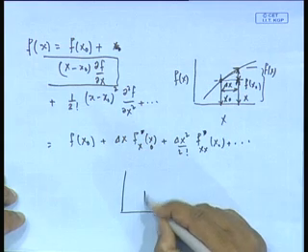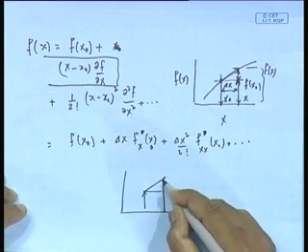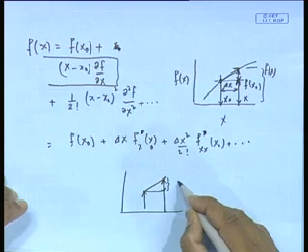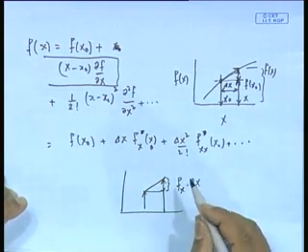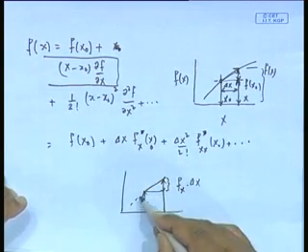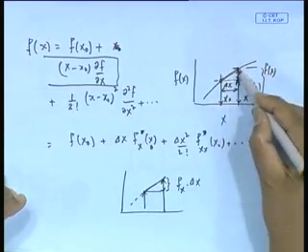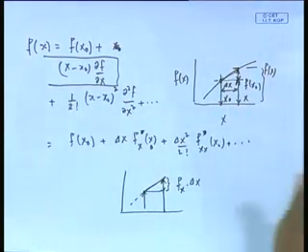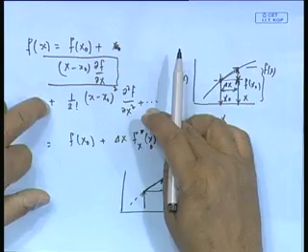Very simple: value here plus slope into the distance gives you this. This part is f prime x into delta x. That is what is called linear approximation, which essentially tells you that the graph has been assumed to be a straight line between the two. Obviously that is a first approximation. If you want to go to the next level, then I have to take this term, and so on.